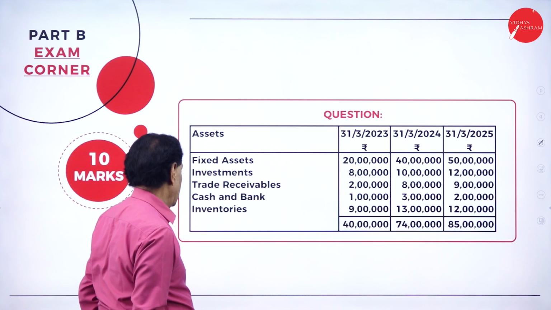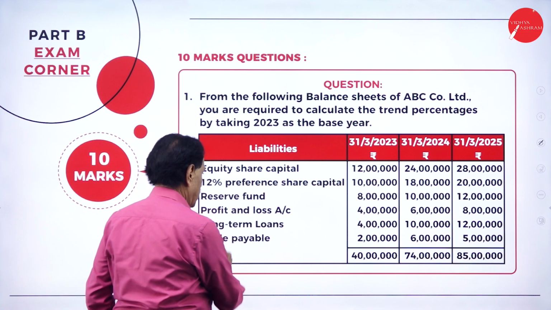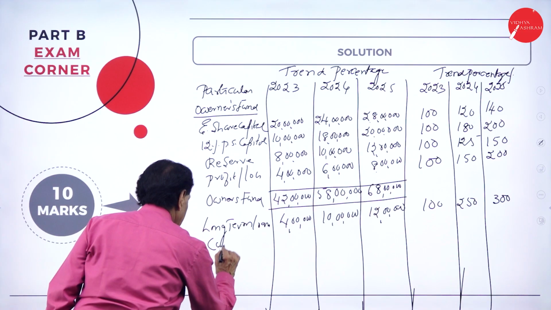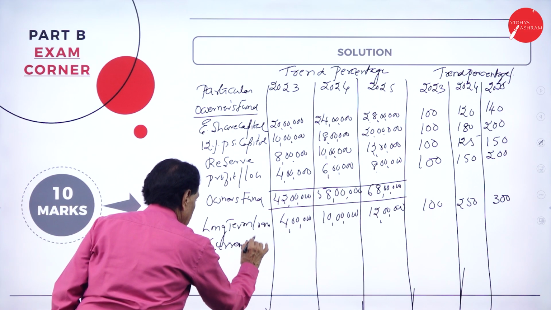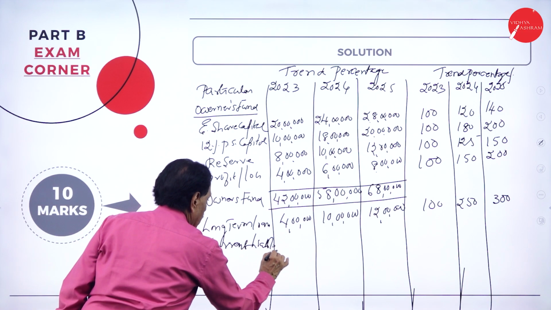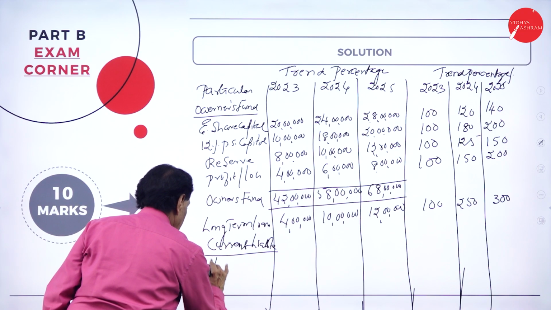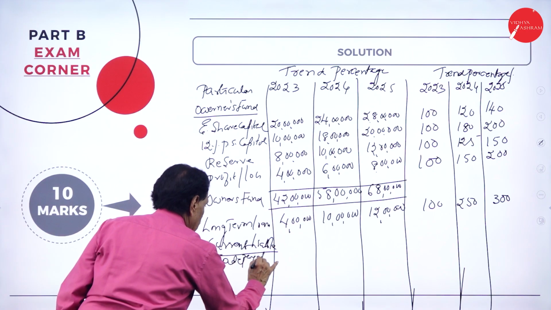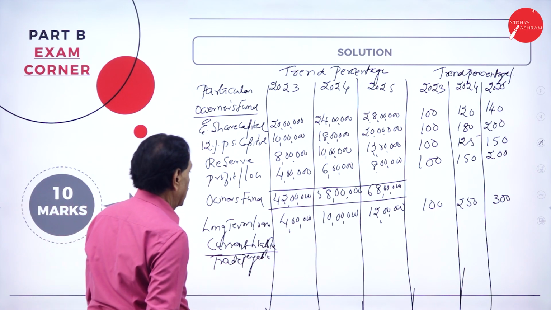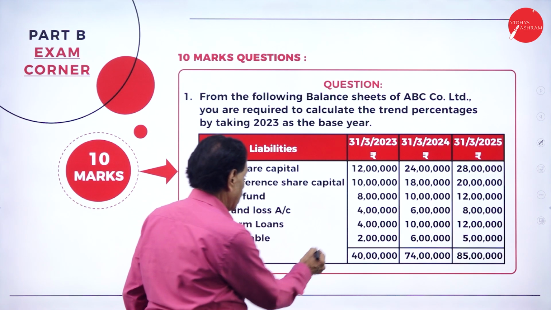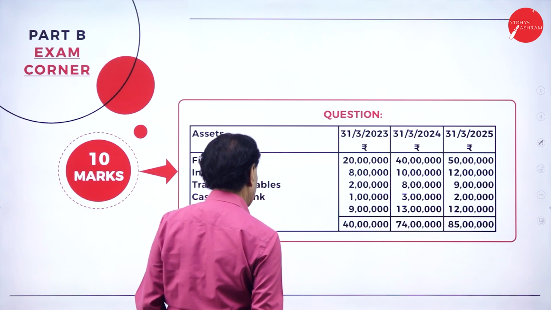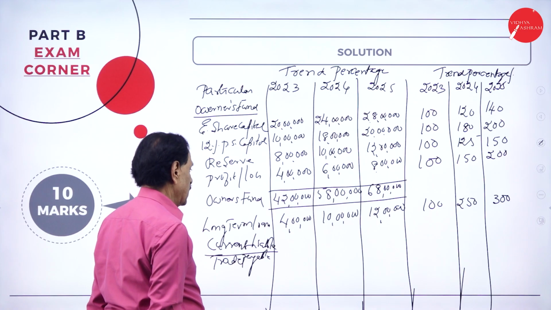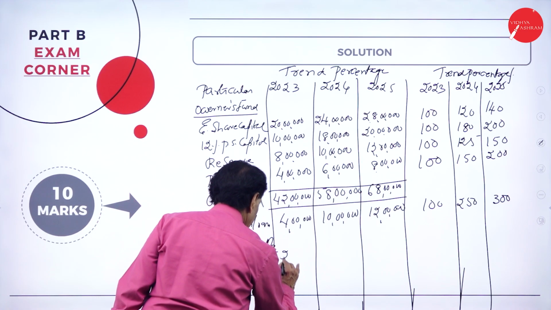Then trade payable under current liability: 2 lakh, 6 lakh, 5 lakh.